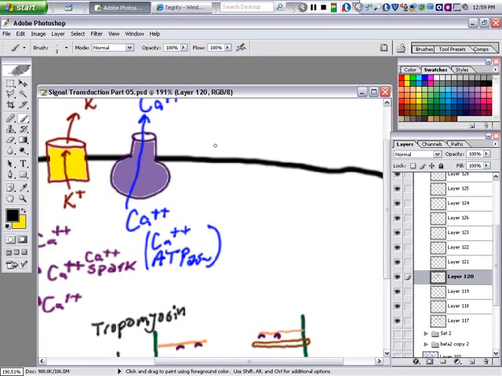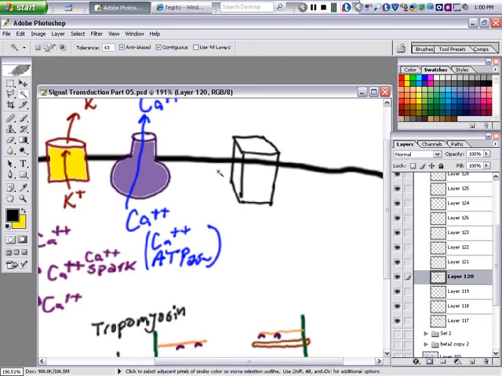Okay, so then we're going to have another pump here. This pump here is going to also push out calcium.